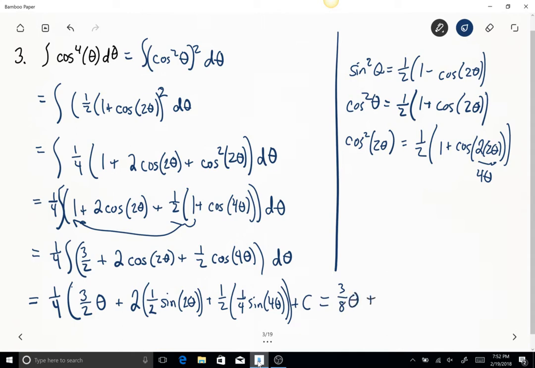And then plus, notice the 2 and 1/2 cancel in this next one, and so we're left with 1/4 sine of 2 theta. And then to finish off we have plus 1/32 sine of 4 theta plus some constant c.